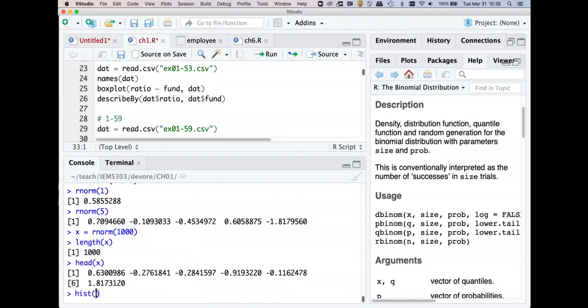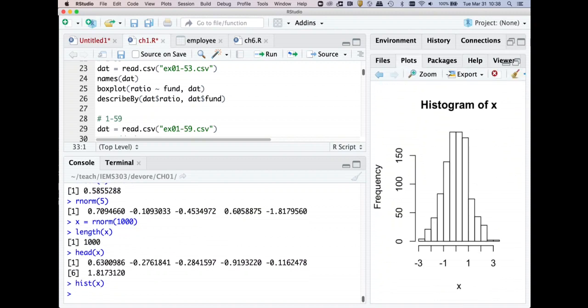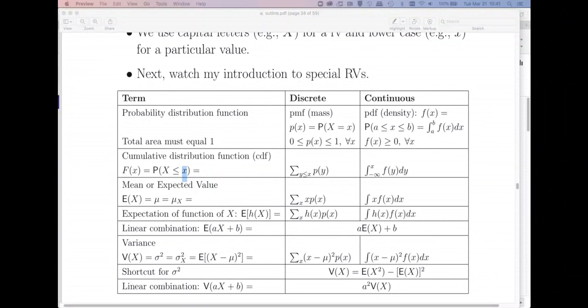If I do hist on x, we'll get something that looks pretty normal. And sure enough, that's about what we have. Another thing that we could do is to plot the density of x.